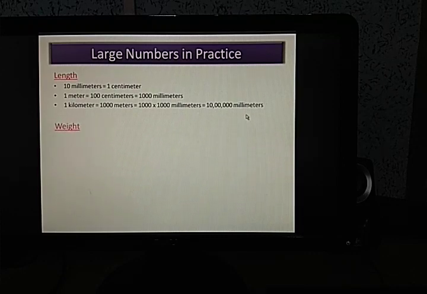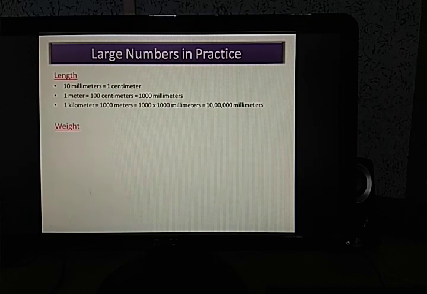Now next is weight. We cannot use millimeter, centimeter, kilometer in terms of weight. Weight is another unit of measurement. Say for example, we went to the vegetable market or the grocery shop to purchase some items. There we can't use kilometer, meter or millimeter, because these things are not length.